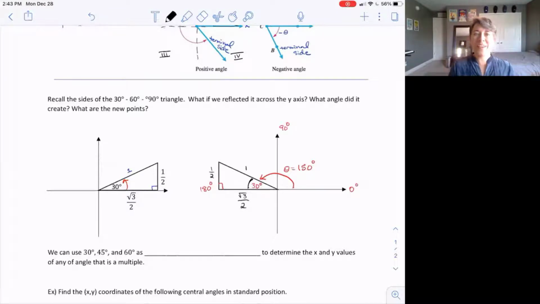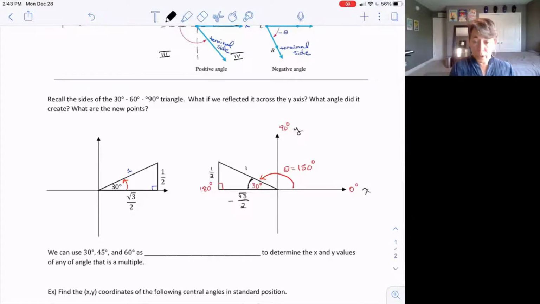But notice where it is on the x and y axis. This gives us a negative x value because it's on the left of the y-axis.